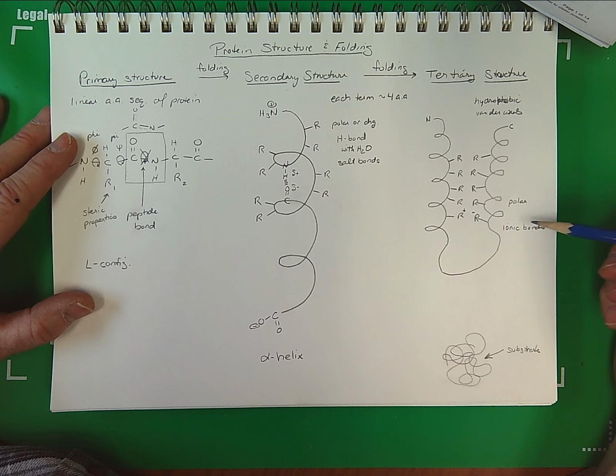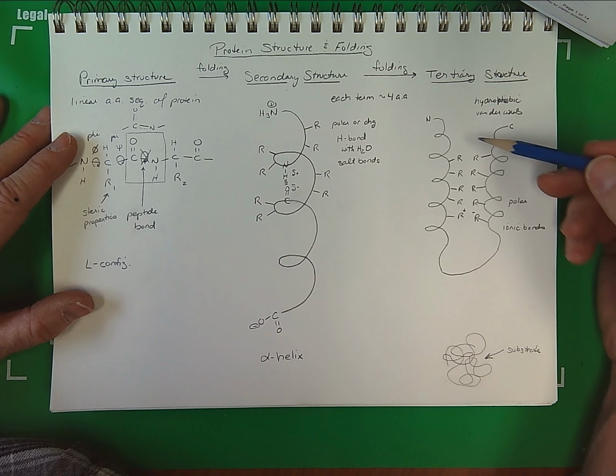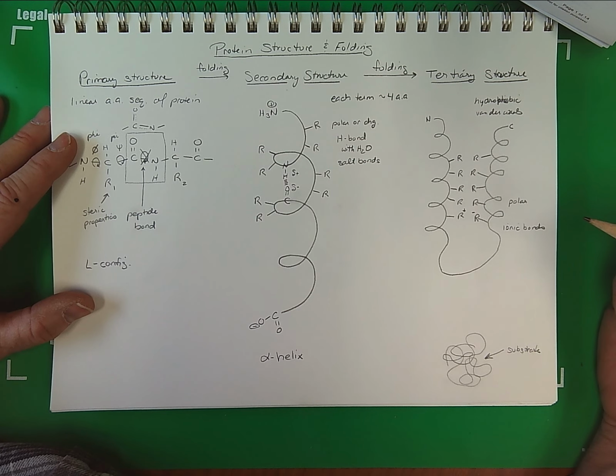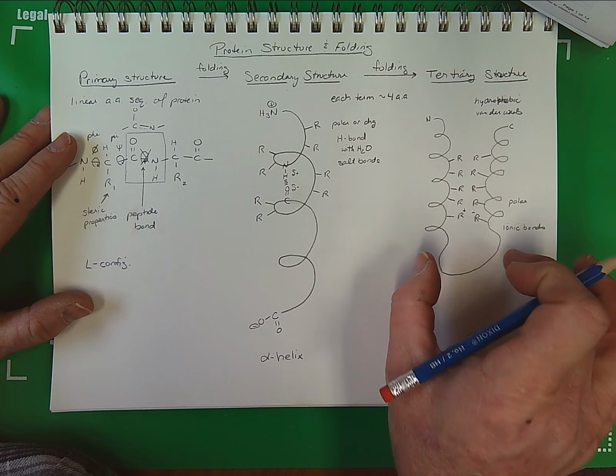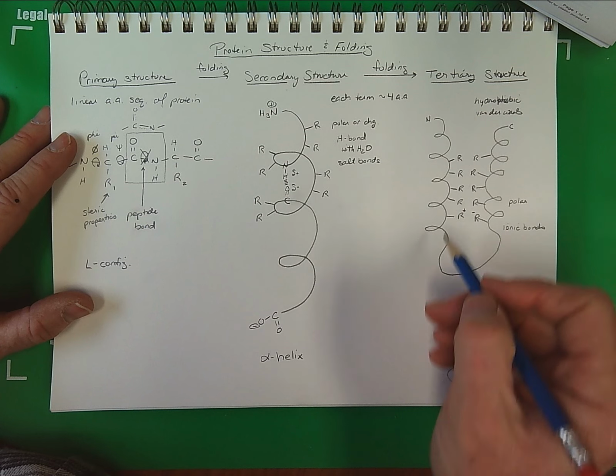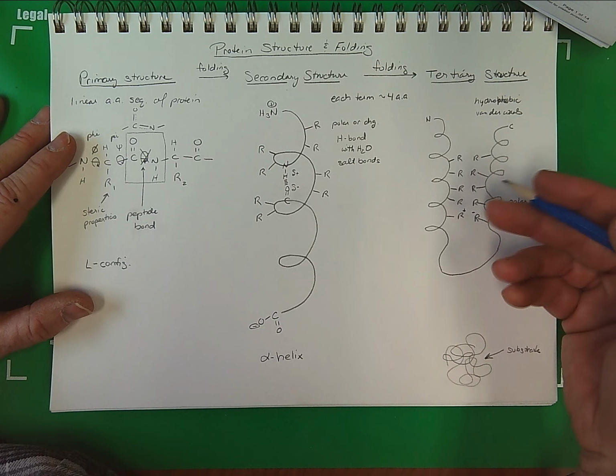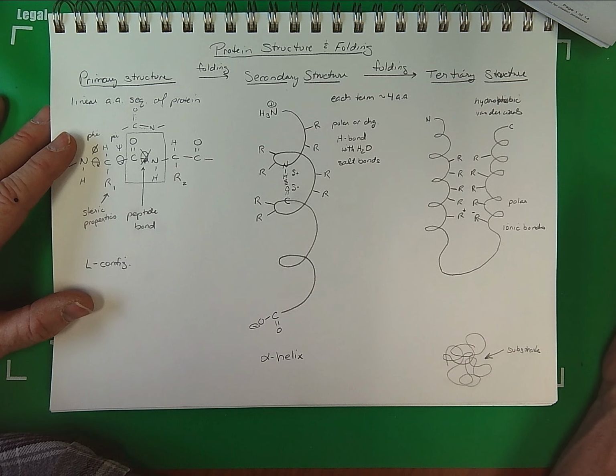Now again, any one of these types of bonds is non-covalent, so it's not very strong, but when you have many of them that line up, then you have a very strong interaction. If this is a sufficiently strong interaction, this tertiary structure, which is a combination of secondary structures, will be stable.